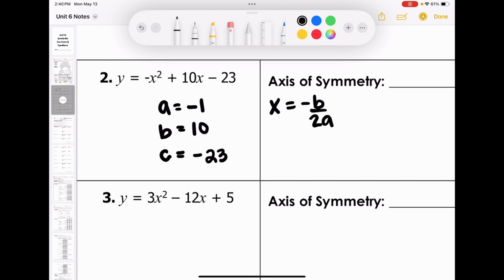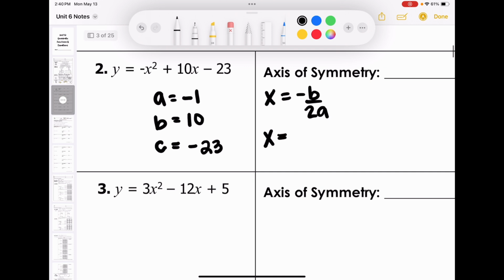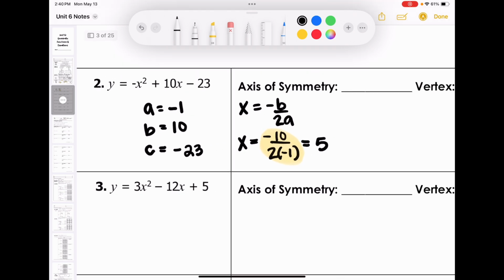So I have my formula, x equals -b/2a. So I'm going to plug in my b value and my a value. Now, when I type this fraction in my calculator, I will get a +5. So on my axis of symmetry line, I'm going to write x equals 5.